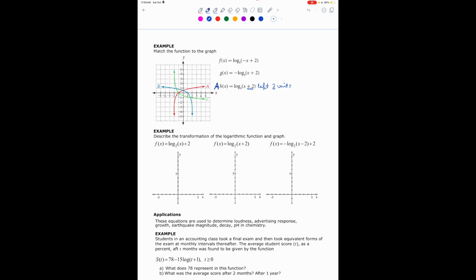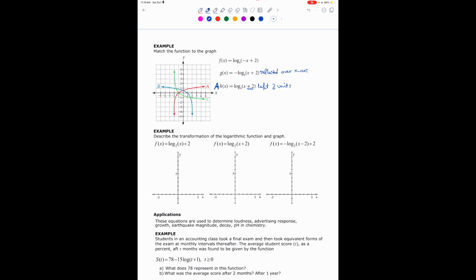The next one from the bottom is g of x equals negative log base 4 of x plus 2. The first transformation is a shift to the left 2 units, and then the negative sign means it is reflected over the x-axis, a vertical reflection.